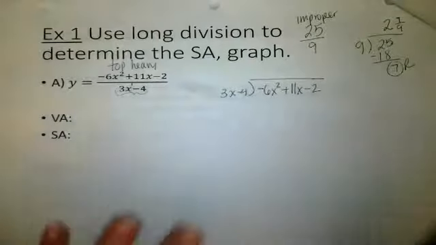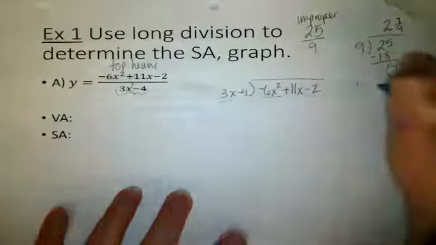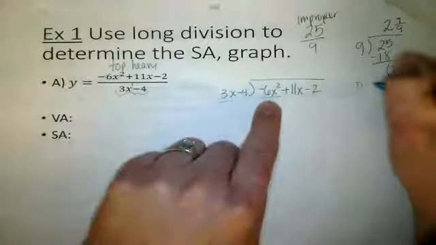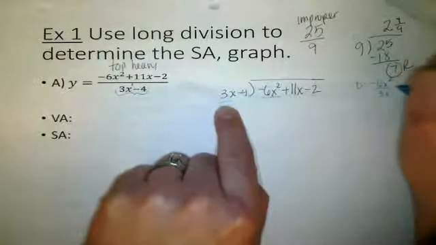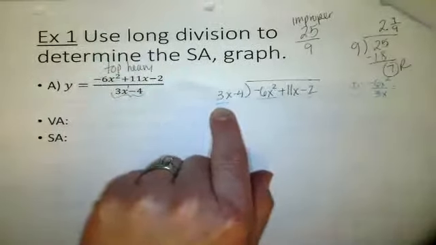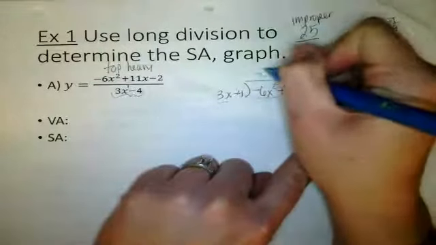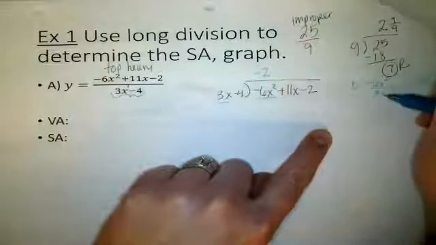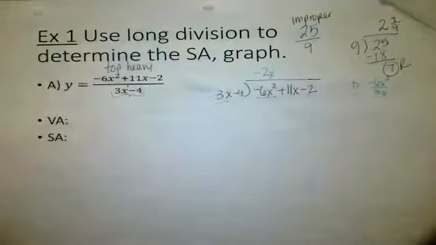And it's that very first division step, that's the difficult one. We're just dividing the leading terms, negative 6x squared divided by 3x. How does that clean itself up? Yep, negative 6 divided by 3 is negative 2, and x squared divided by x is x. So negative 2x.